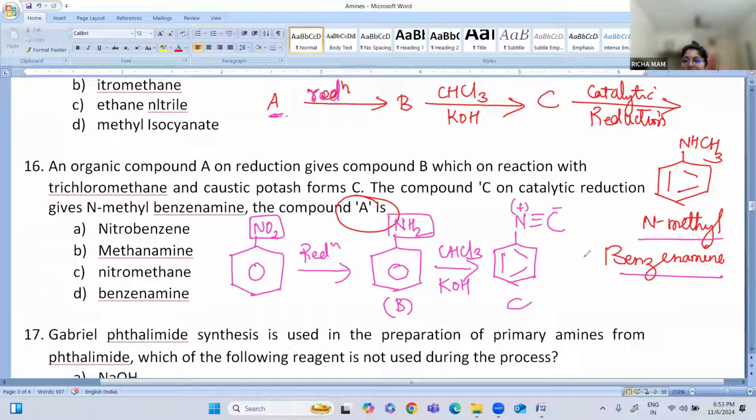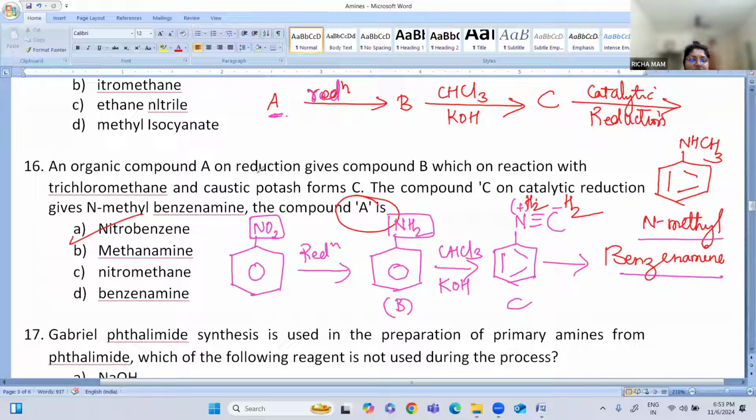This isocyanide, when you do a catalytic reduction, which means addition of hydrogen, here two hydrogen, here two hydrogen. What am I going to get? NH2CH3. So the answer is option A, nitrobenzene.